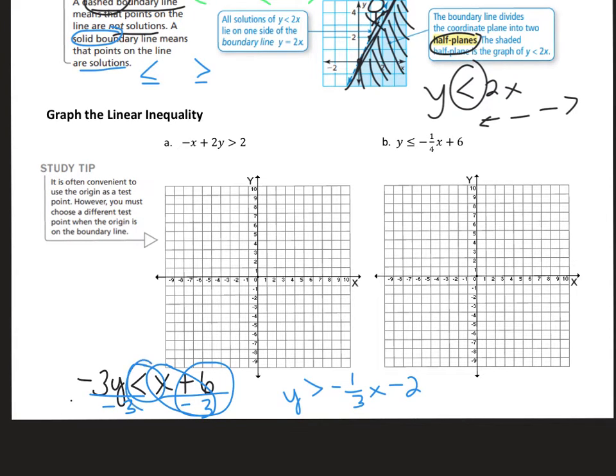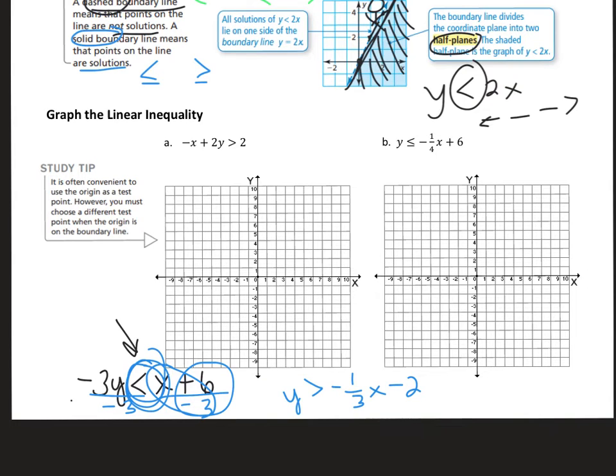So you have to change the sense of the inequality when you multiply or divide by a negative. I just want to make sure I talked about this because forgetting to do that is a common mistake. When you divide by a negative, you switch the direction of the inequality.